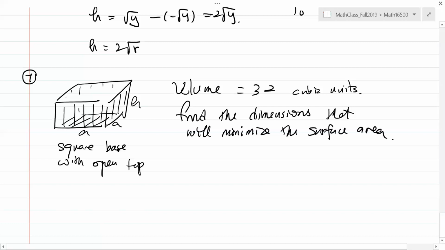So first of all, you write down the volume formula. Volume is going to be A squared H, right? That's going to be 32.